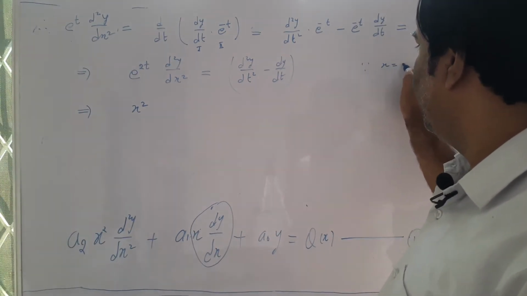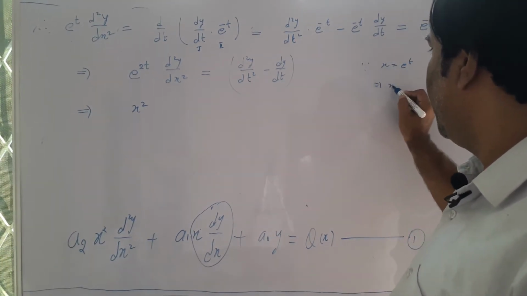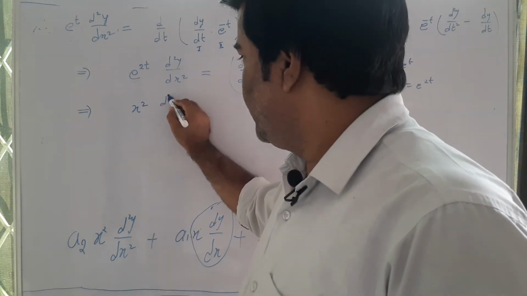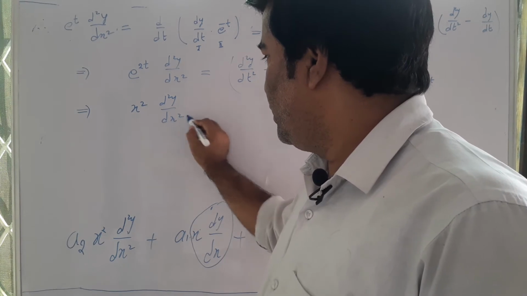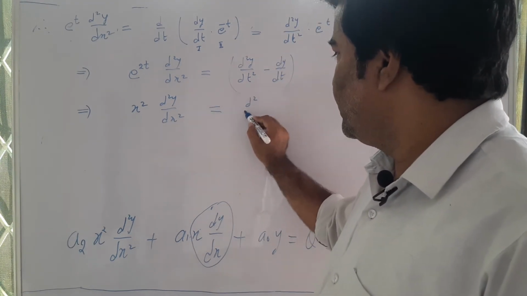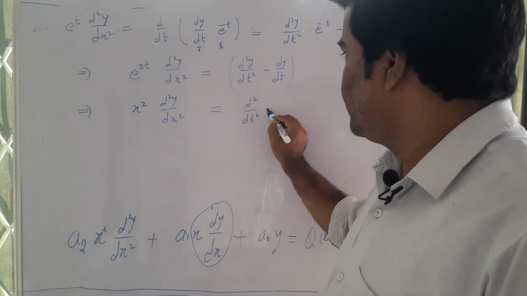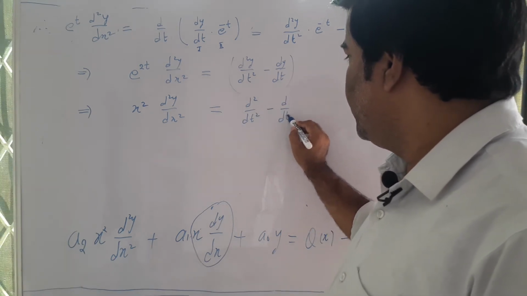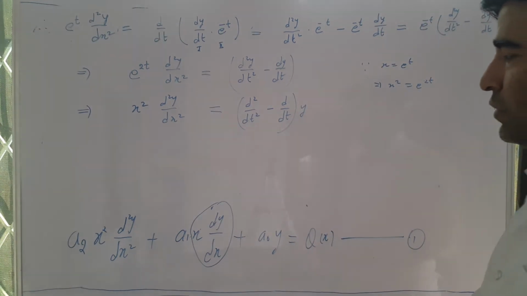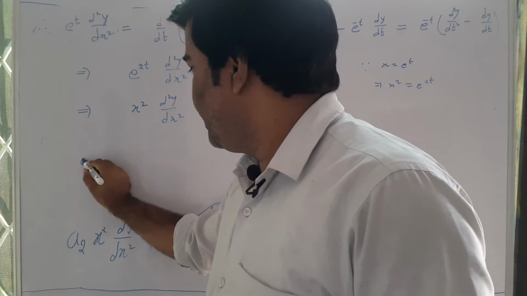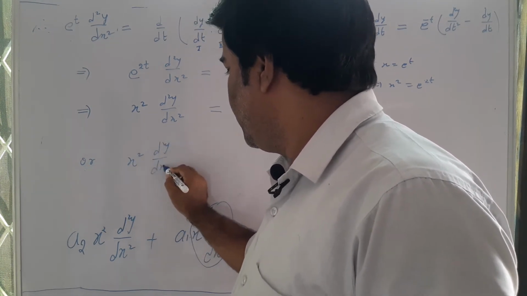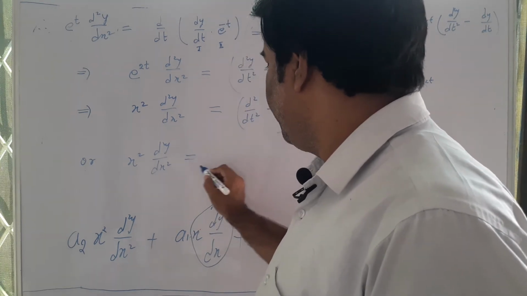As x is equal to e to the power t, this implies that x square is e to the power 2t, d square y over dx square, and this we can write as d square y over dt square minus dy over dt.